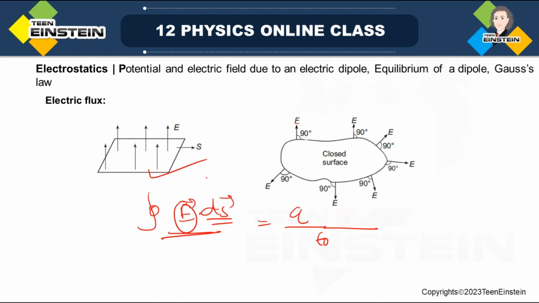That means the electric field is perpendicular to the surface, whatever charge distribution we are considering. The value of the electric field at any point has to be constant. That should not vary. Then only Gauss's law will be applicable for a particular symmetry.